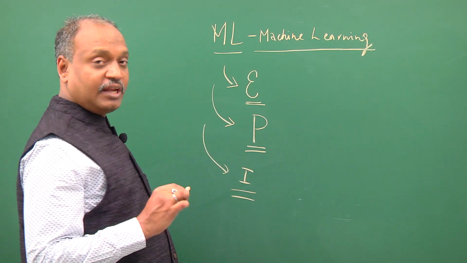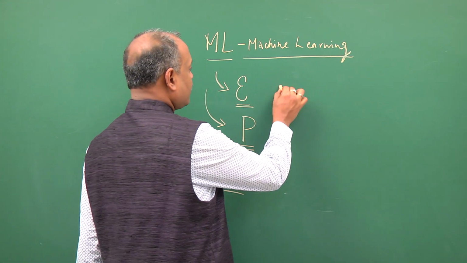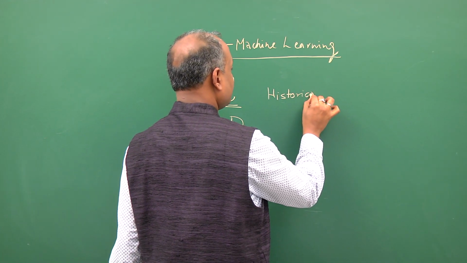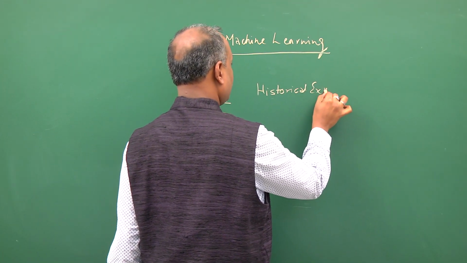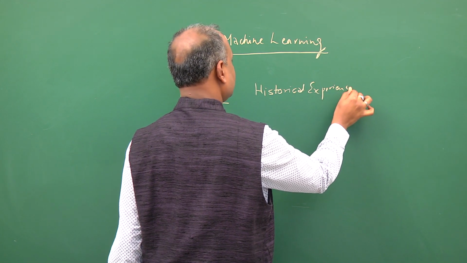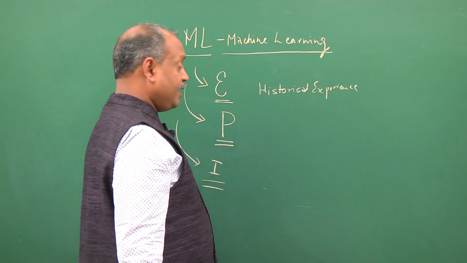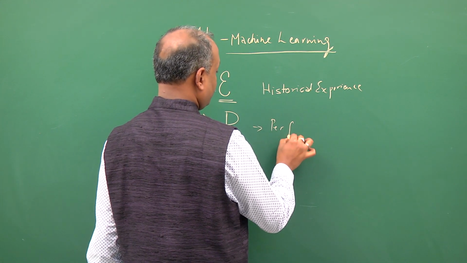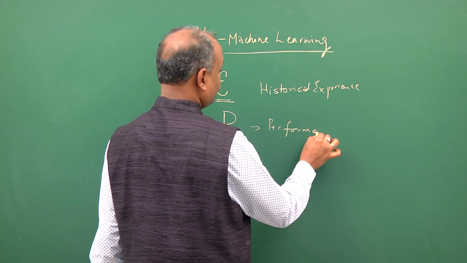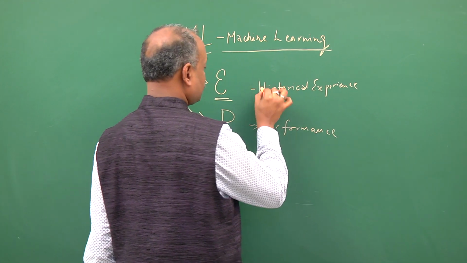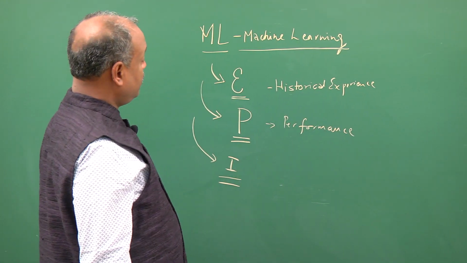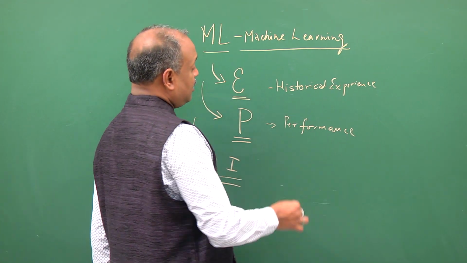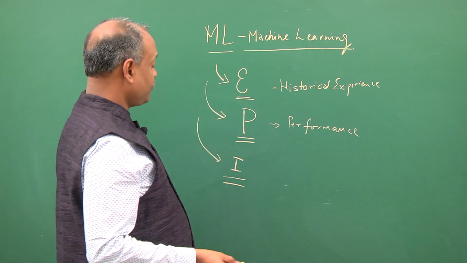So if you see, there are three elements. One is historical experience, or we call it experience knowledge. Then we have some notion of performance of an agent or a machine, or it could be an AI task, intelligent task, some unit of performance.